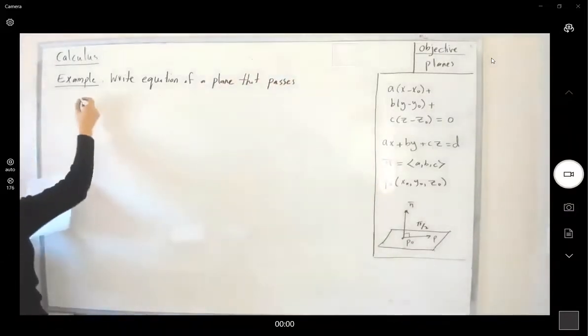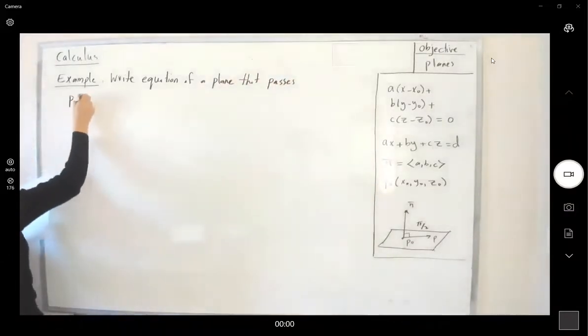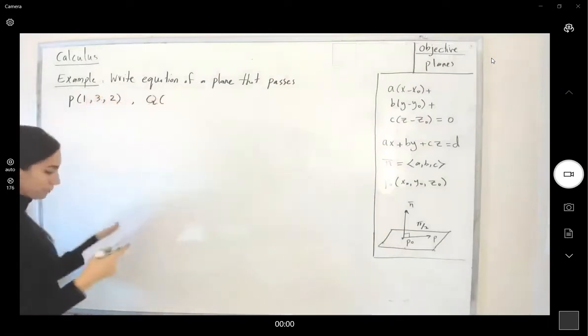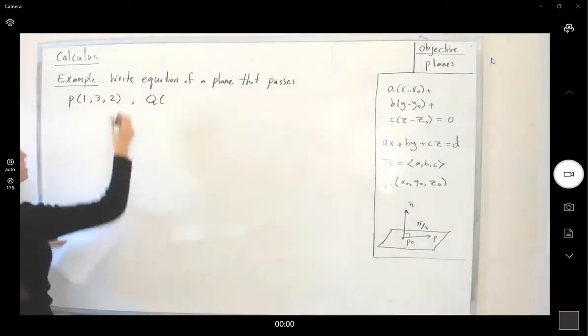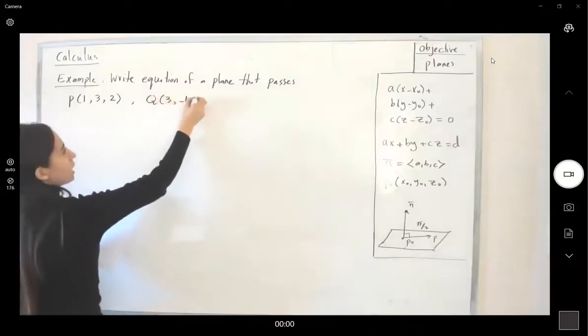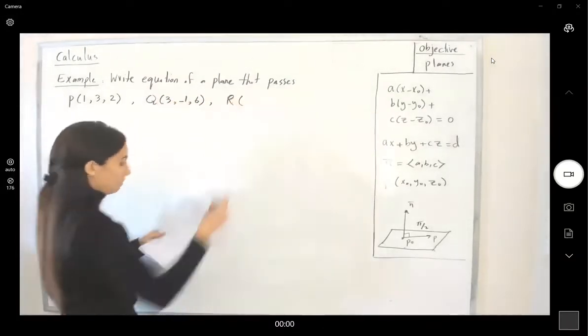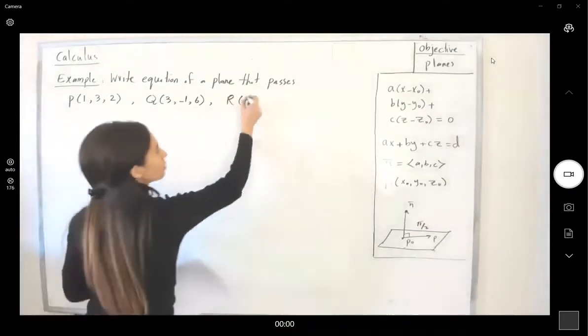The first point, P, is given to us as (1, 3, 2). The second point, Q, has coordinates (3, -1, 6). And the last point, R, has coordinates (5, 2, 0).